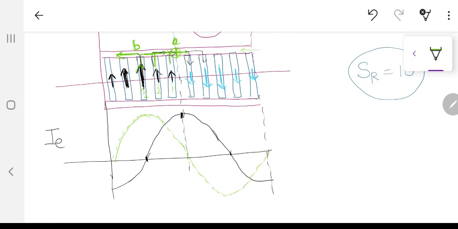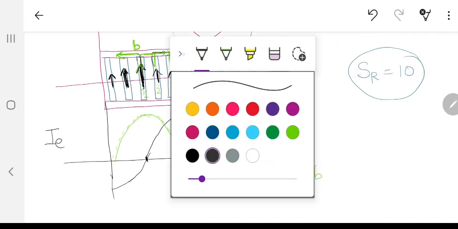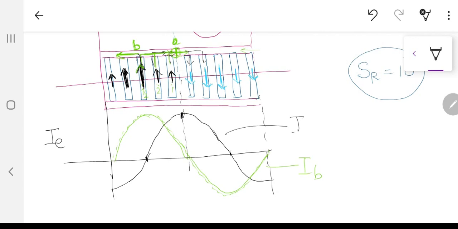This is the IB and this is the IE. So I hope you are getting the idea that the bar currents and the end ring currents are 90 degrees displaced from each other.